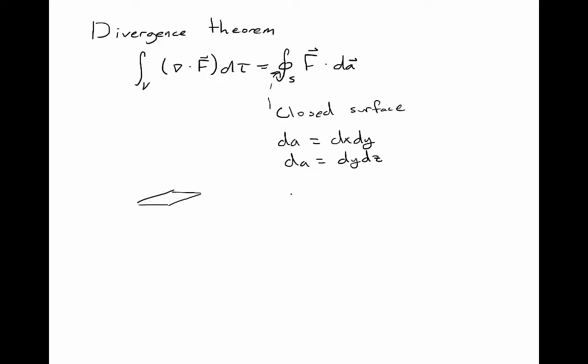But a closed surface would be a cube, right, because it's a closed object. Or an open surface could be a circle, but a closed surface would be a sphere. Alright, I hope that makes sense.